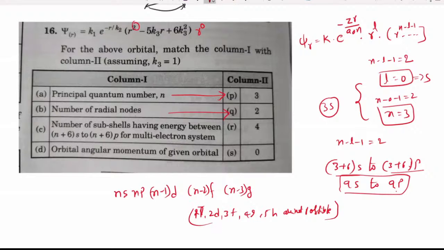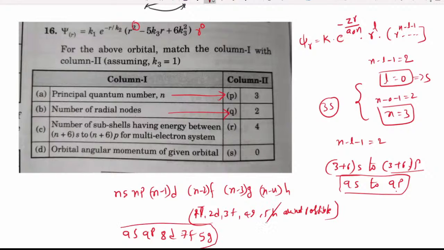If you put 9, that becomes 9s, 9p; 9 minus 1, 8d; 9 minus 2, 7f; 9 minus 3, 6g; 9 minus 4, 5h, which is not there.